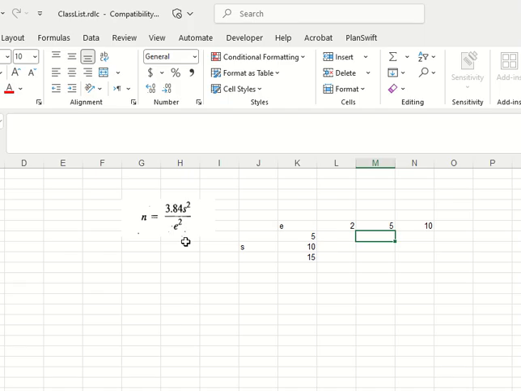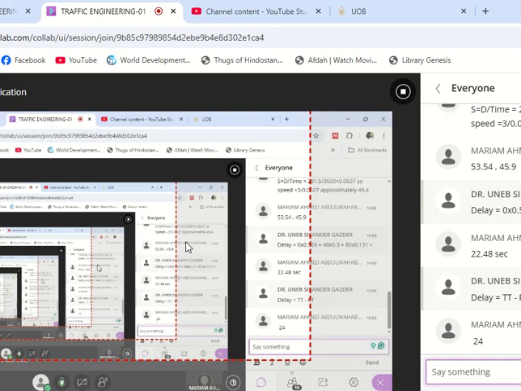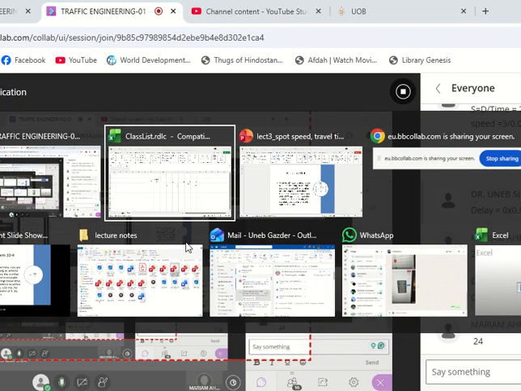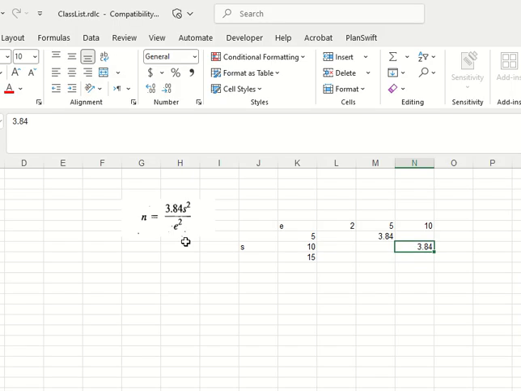I can tell you this value is 3.84 and this value is also 3.84. Okay, give me the next value.